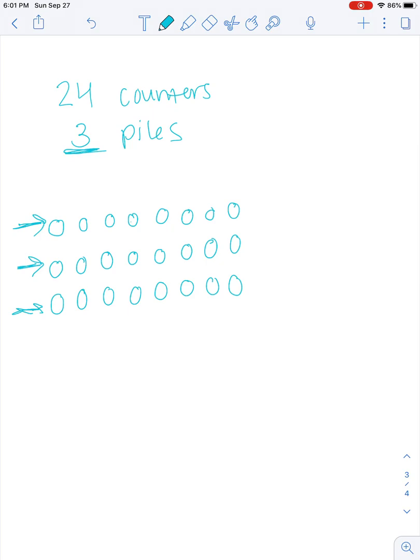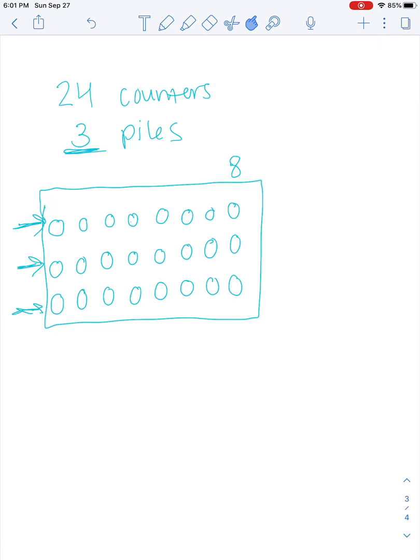Okay, so obviously I knew that the answer was already 8, but if I didn't, I would just keep adding until I have used all 24 counters. So I have used all 24 counters, and look, it's a perfect array because it fits in my rectangle box and there's none left over or no extras hanging off the side. Okay, that's another way that you could figure out what 24 divided by 3 is, which is 8.